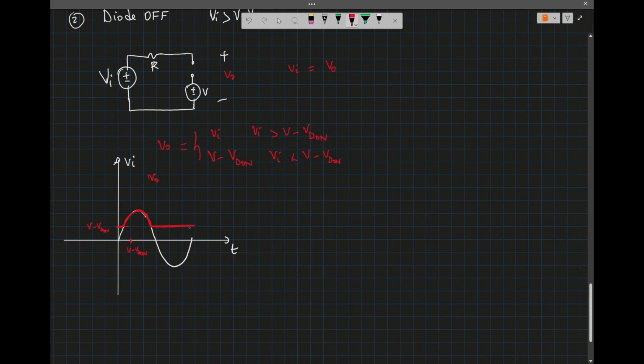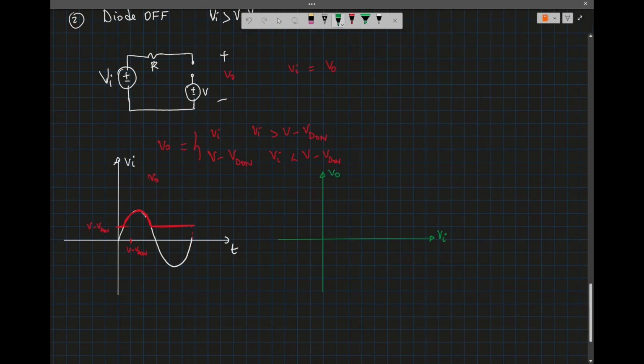So now let's sketch the transfer characteristic. We put the input voltage here, the output voltage there.